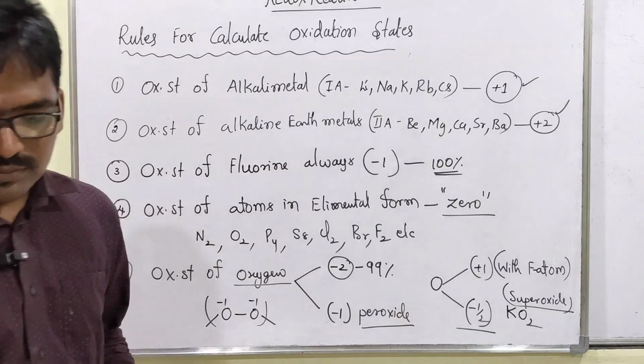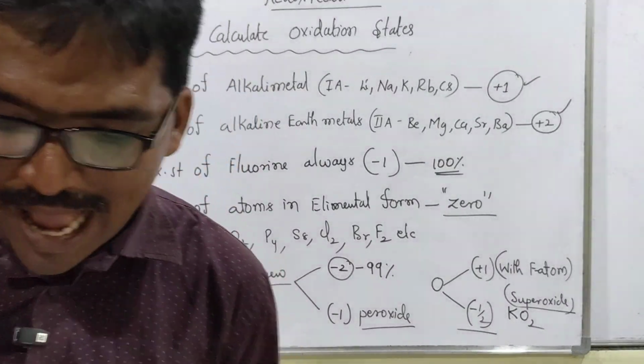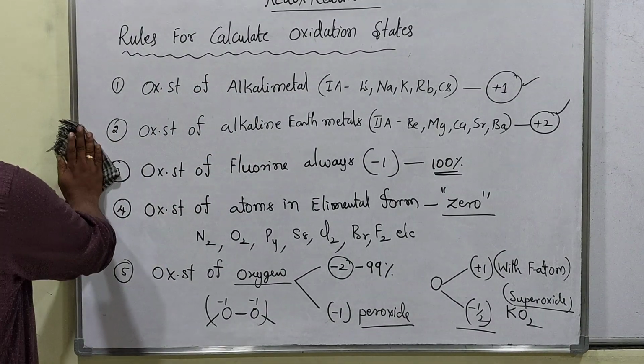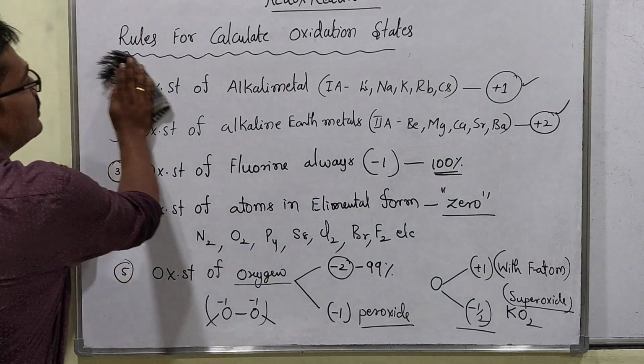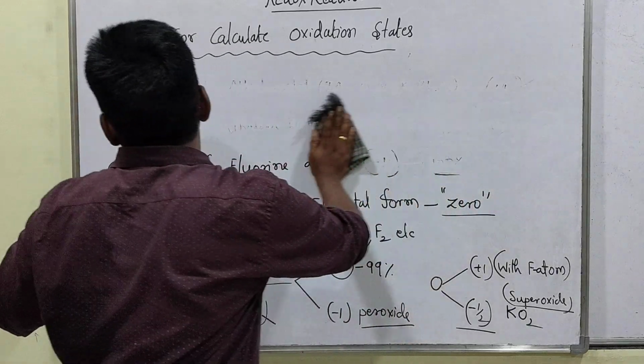Then, in case you take halogen atoms, just note it all of you. The next one, rule number 6.